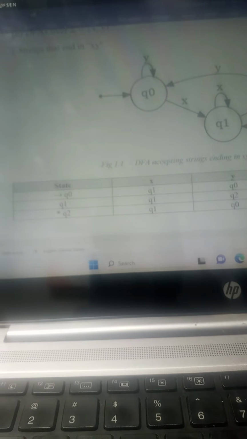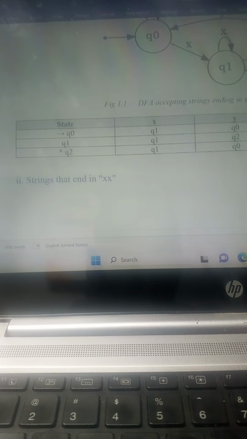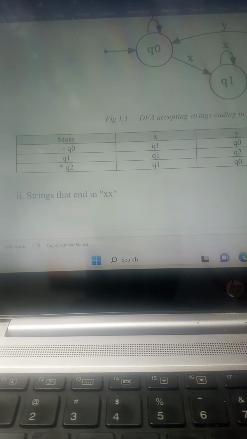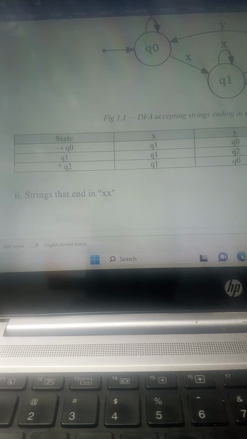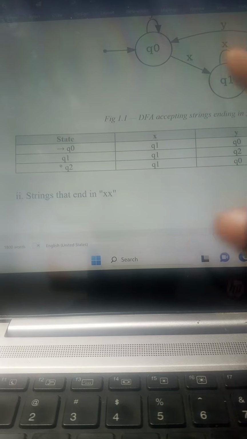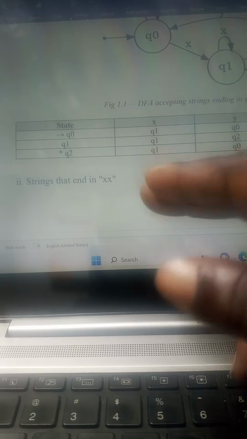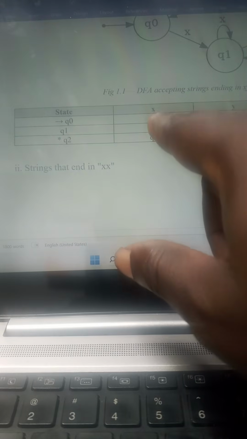You can see the diagram can easily explain itself, and the table can also tell you how it is formed and how it accepts, from Q0 going to Q1, then testing in Q2 whether it accepts before it comes back to Q0 again. So when it's Q0, X becomes Q1.